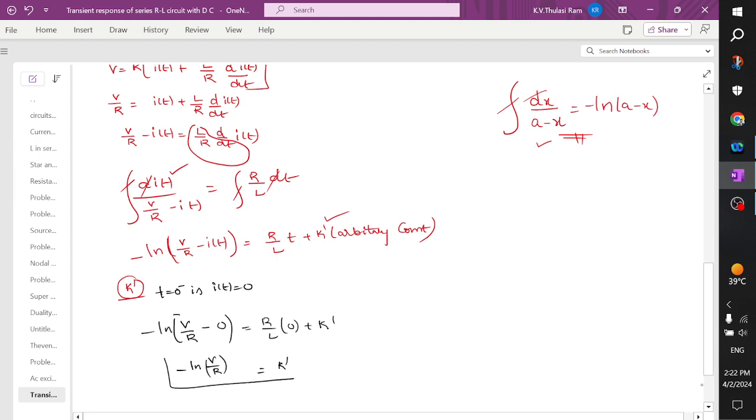So this is the arbitrary constant. Now substitute this arbitrary constant in this expression, since our intention is to find the response current I of t.